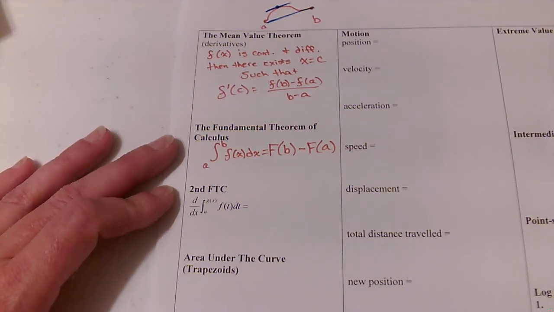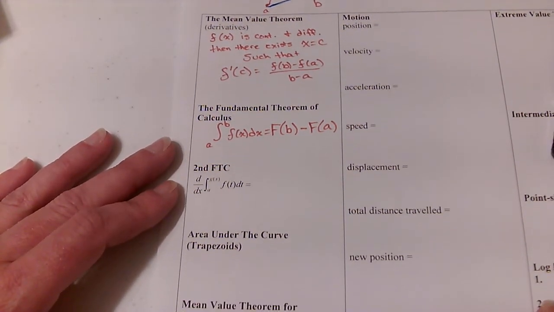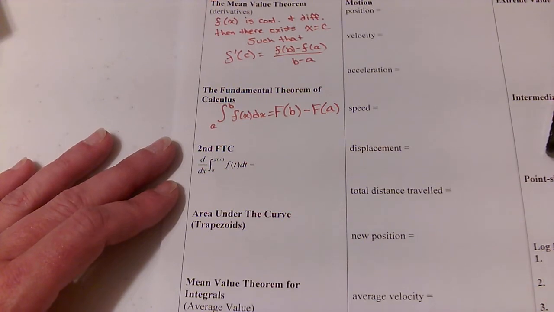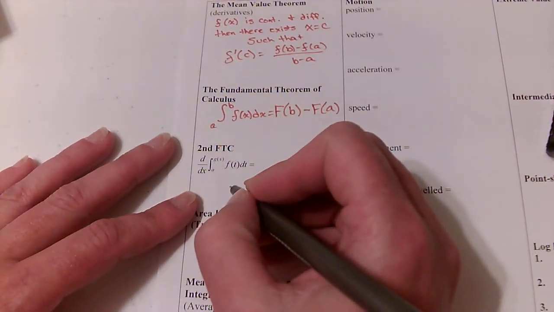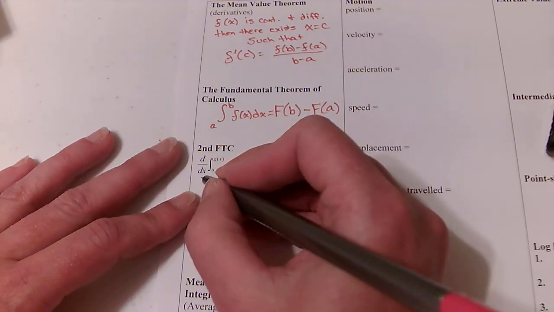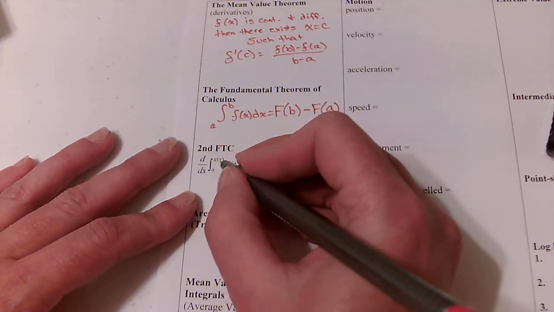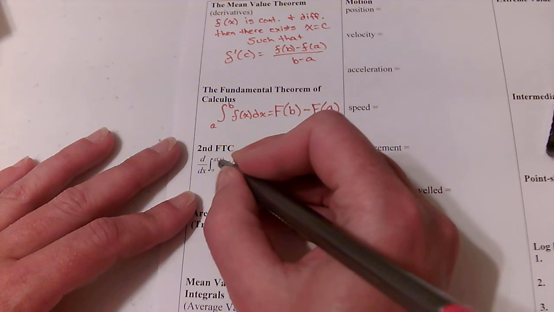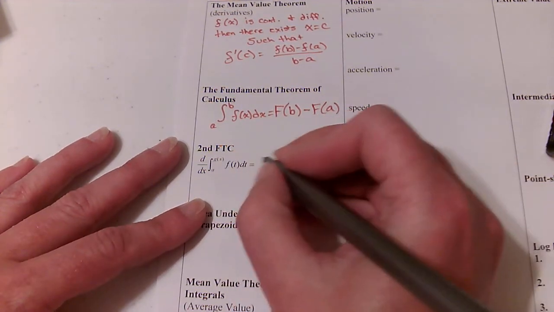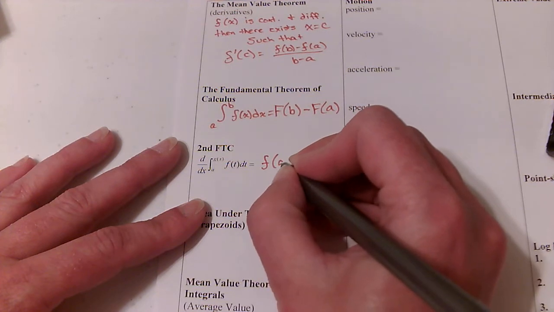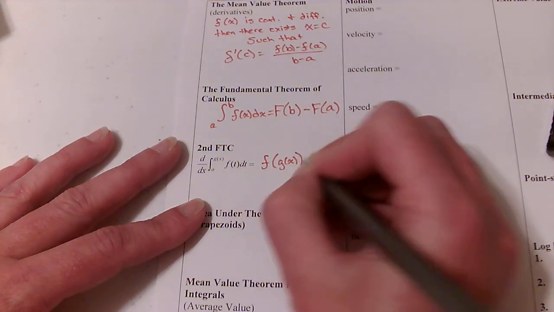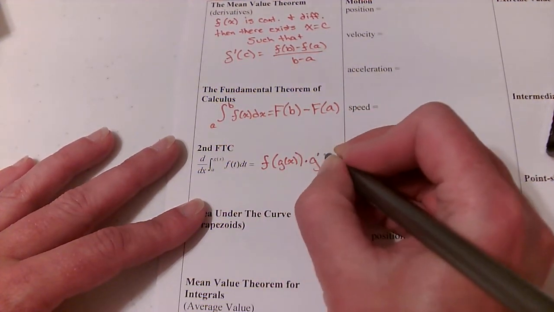Beautiful. Love it. So easy, so helpful. Second fundamental theorem of calculus. So we take the derivative of an integral that has a function of x there. So you're going to plug in that function times the derivative of that function.